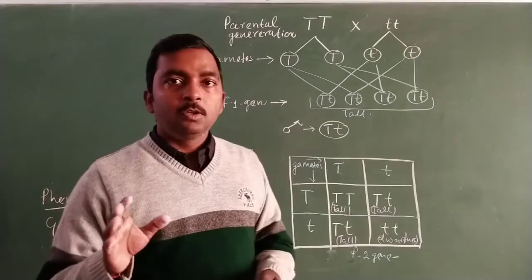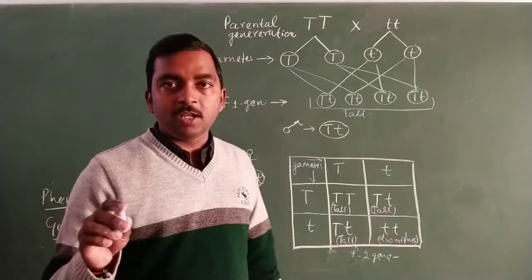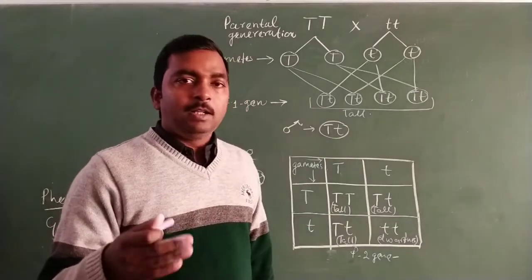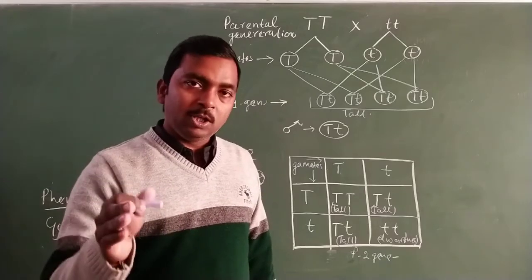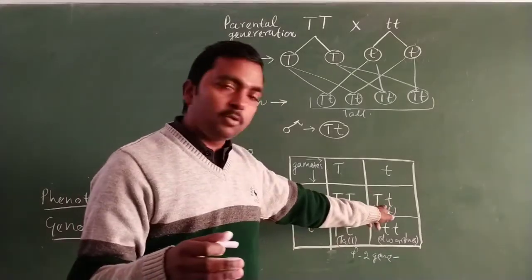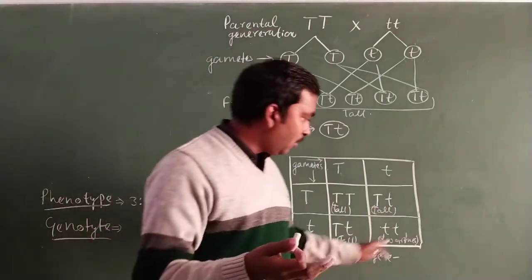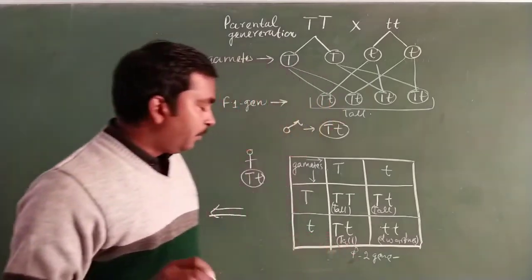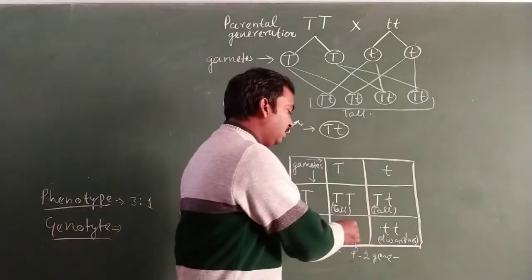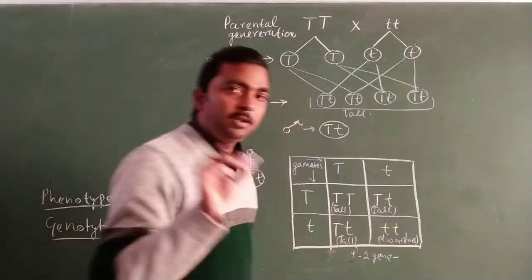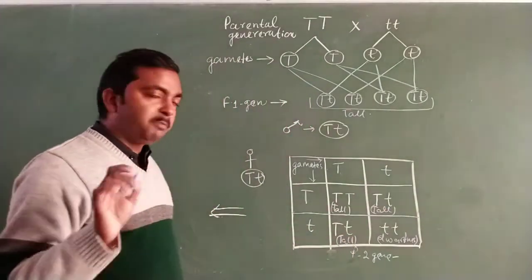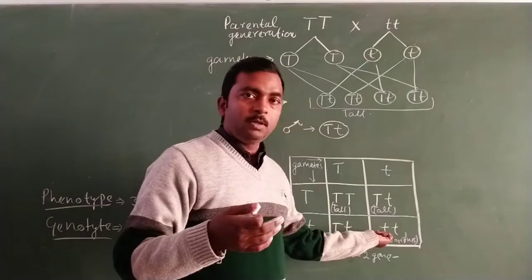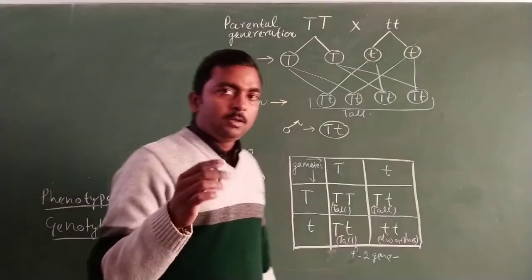So I hope you have understood homozygous and heterozygous. The tall plant can represent itself in both conditions, homozygous as well as heterozygous, but the dwarf plant can only be represented in the homozygous condition. So we can easily see from this result that three parts of the plants will be tall, while only one part will be dwarf.